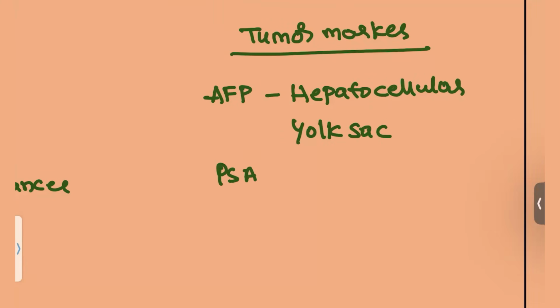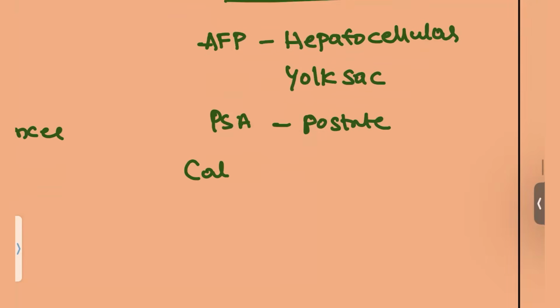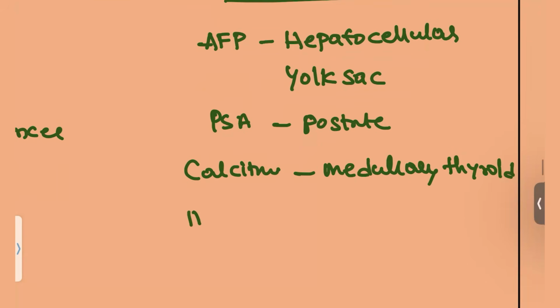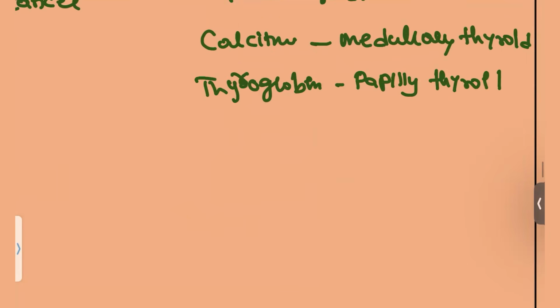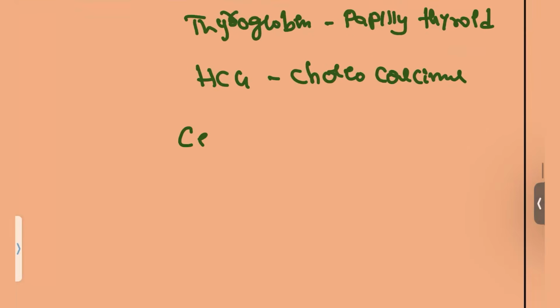PSA for the prostate, calcitonin for medullary thyroid carcinoma, thyroglobulin is for papillary thyroid carcinoma, and HCG is for choriocarcinoma. CEA is for the colon. How about the pancreas? CA 19-9, this is for the pancreas.